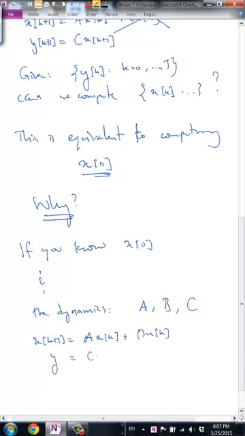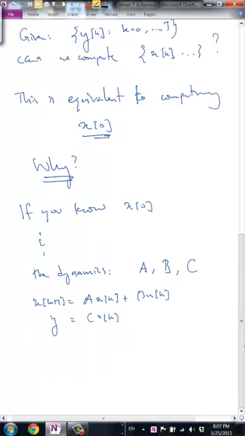Y is equal to C x of k. Well, then it's easy to compute all of x. In fact, all you just need is this. You don't even need C.